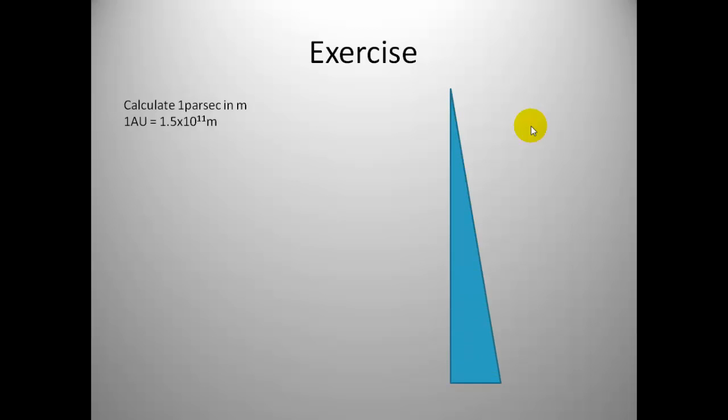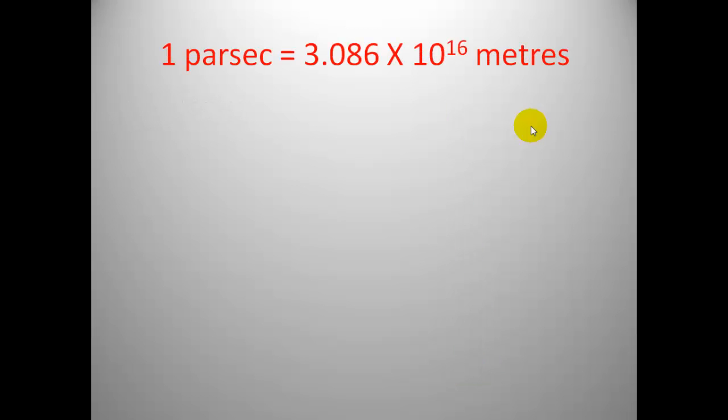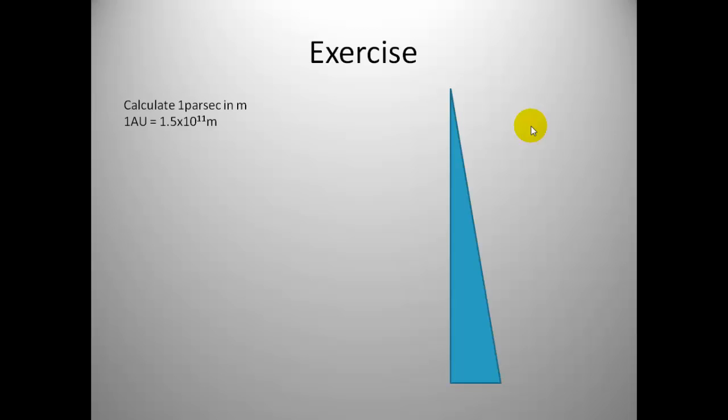An exercise: calculate 1 parsec in meters. This is basic trigonometry. We have a very long triangle. And how do we do this? This is the distance in meters, which we don't know yet. You know what this is: 1 astronomical unit is 1.5 times 10 to the 11 meters.